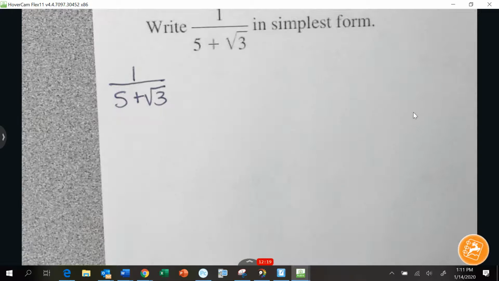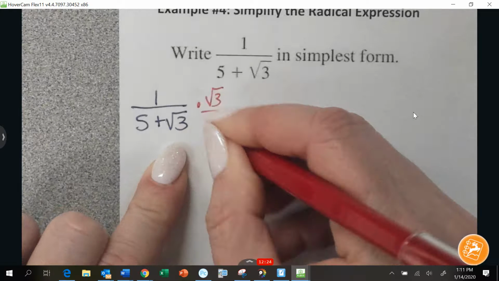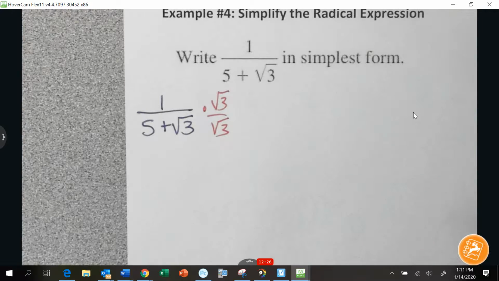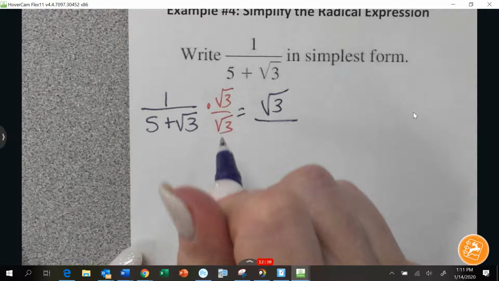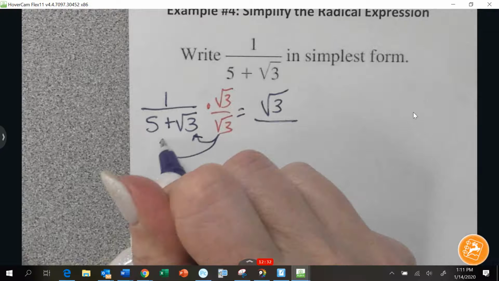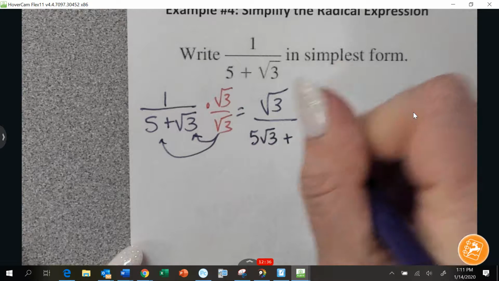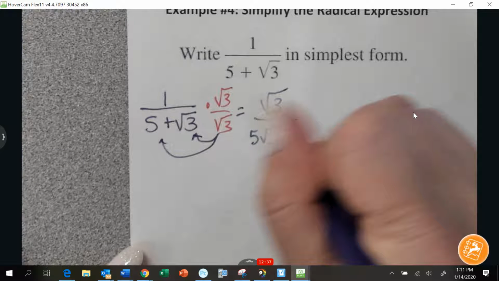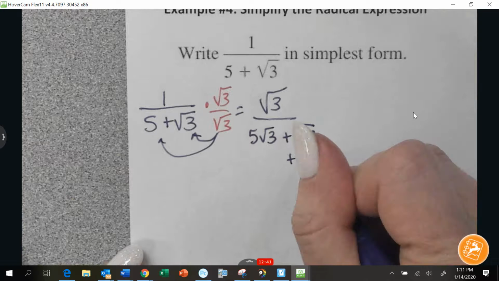Yeah. Okay. They'll be like, oh, I have to multiply by square root of 3 over square root of 3. Okay. So if I multiply by square root of 3, I will get 5 square root of 3 plus, and then I get the square root of 3 squared, which is 3. Okay.